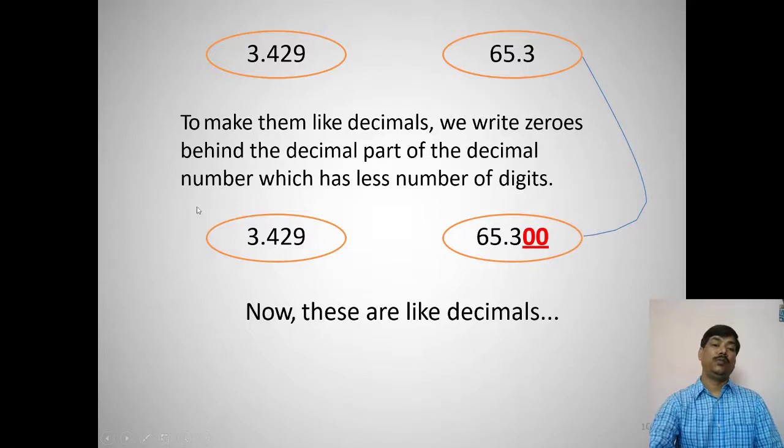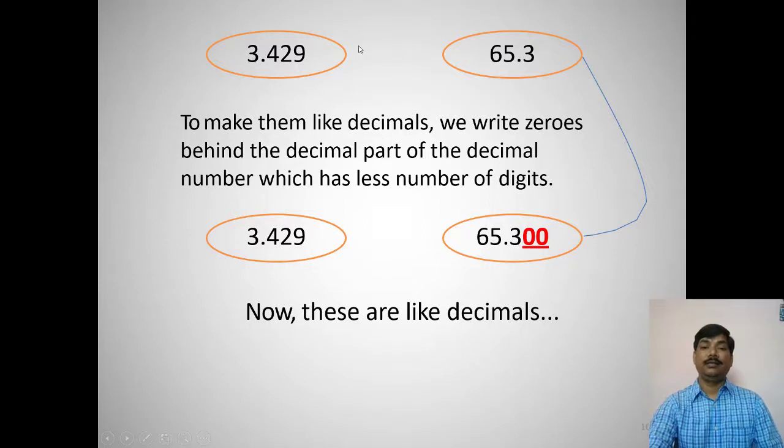To make them like decimals, we write zeros behind the decimal part of the decimal number which has fewer digits. If a number has fewer digits in the decimal part, we increase the zeros in that number.